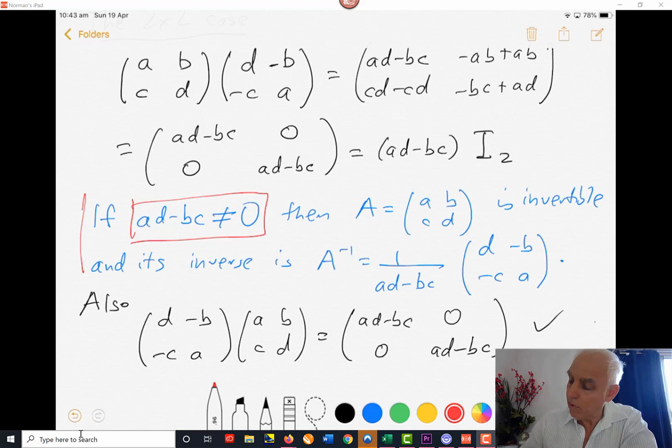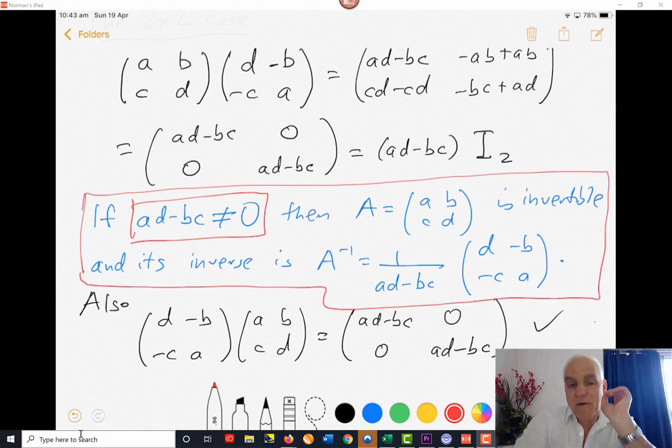This is a little rule that you can happily memorize, okay? It's a very useful rule to memorize because it gives you a formula for the inverse of a general 2 by 2 matrix. First of all, you need to check that this quantity AD minus BC is not 0. If it's 0, then this doesn't work because the calculations that we have done give us the 0 matrix, not the identity matrix.